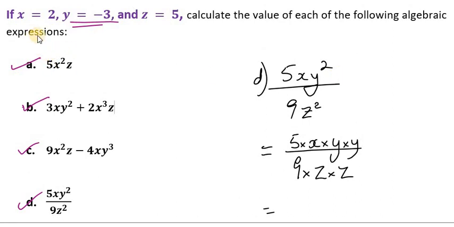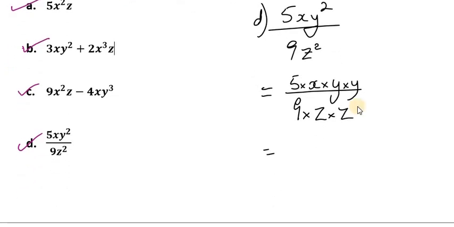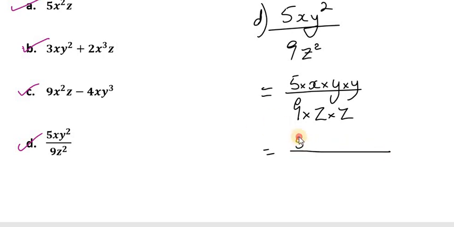Okay, so x is 2, y is -3, and z is 5. Let's keep that in mind: 2, 3, 5, but -3. So let's substitute 5 multiplied by 2 for x, -3 for y.